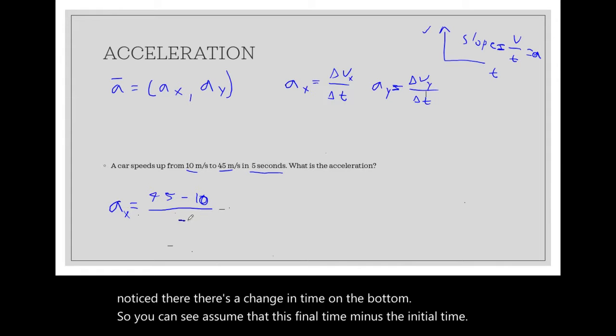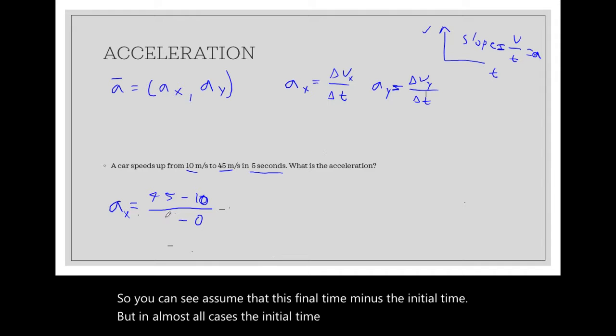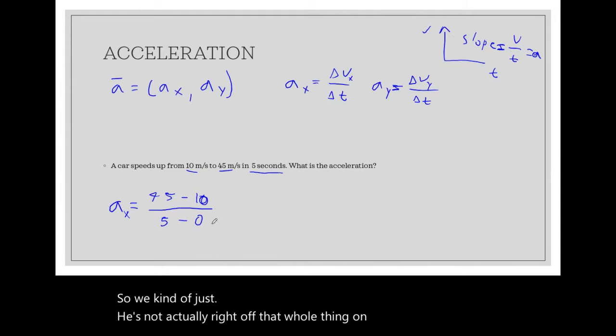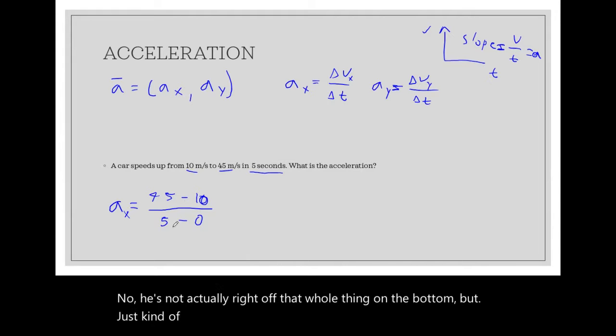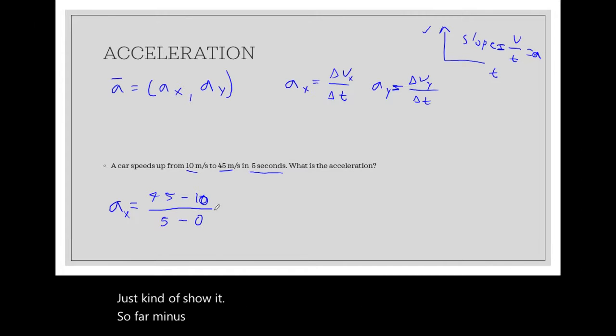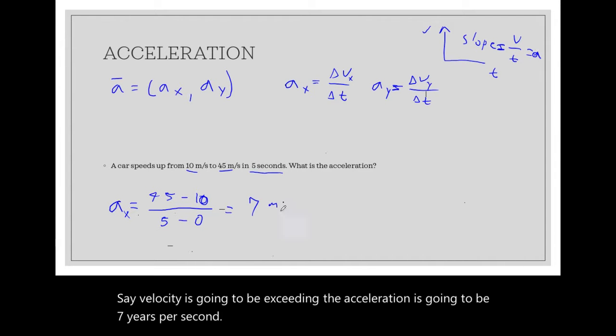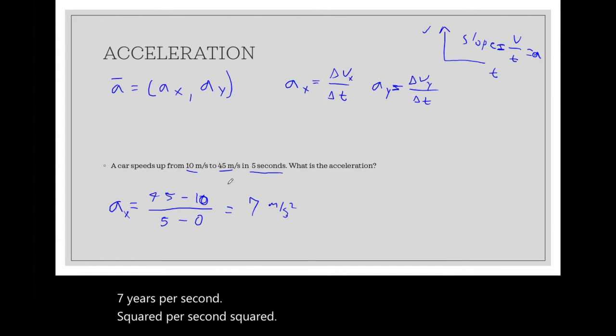But in almost all cases, the initial time is 0. So we usually don't actually write out that whole thing on the bottom, but just to show it: 5 minus 0, 5, 45 minus 10, 35. So we can say the acceleration is going to be 7 meters per second squared. Okay, so not bad.